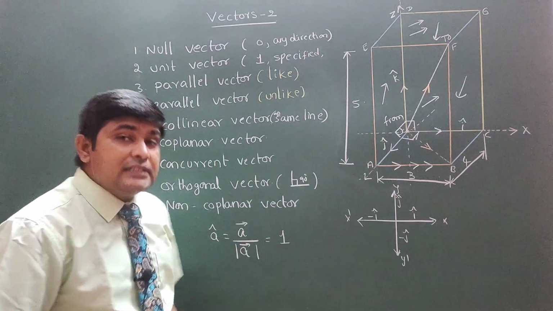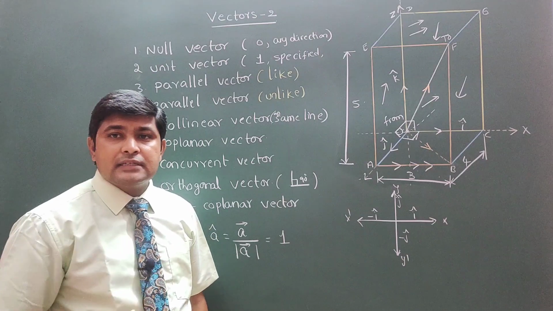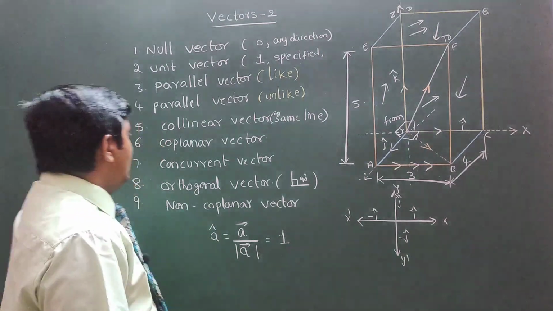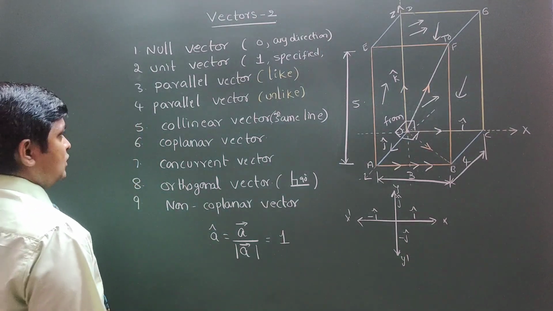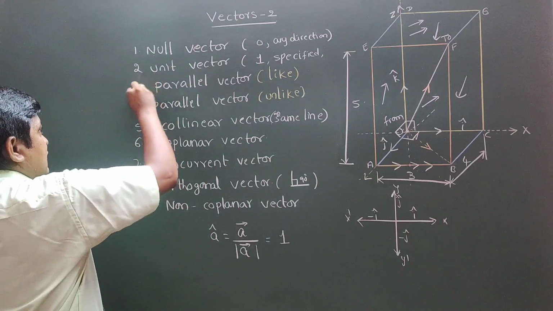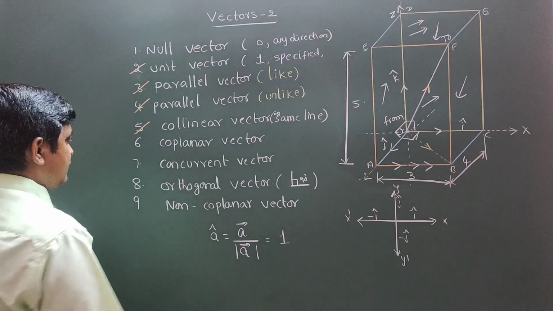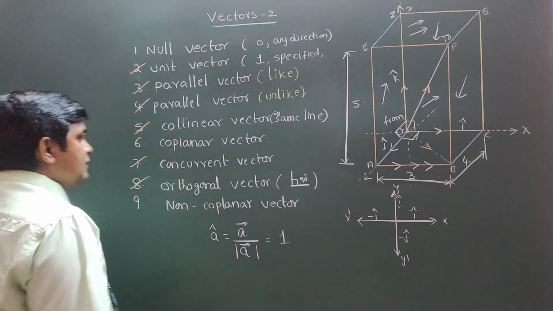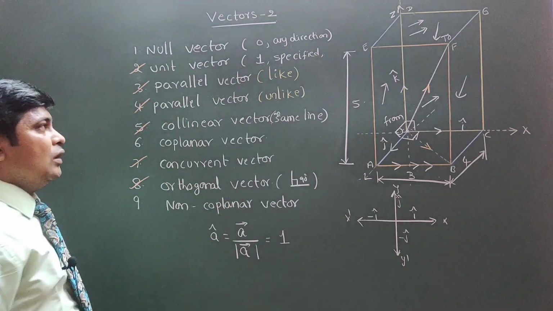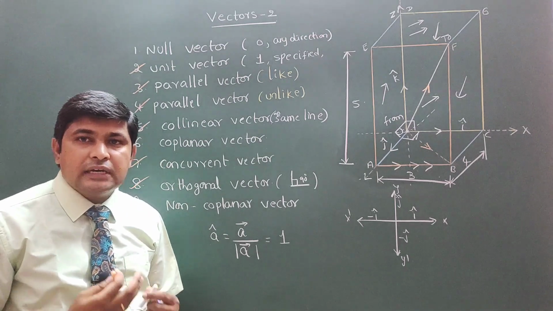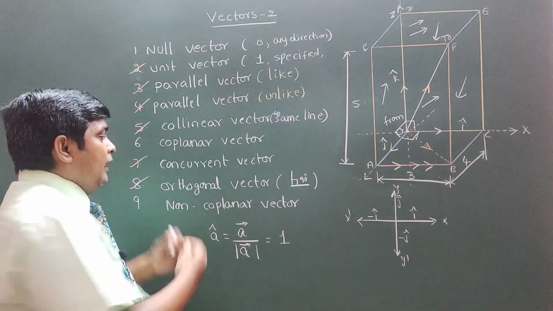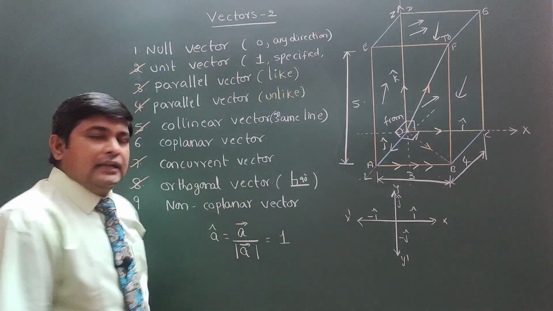From a physics point of view, whenever we are discussing physical quantities, we mostly come across these vectors. Majorly, what are the conditions to say that 2 vectors are orthogonal vectors?